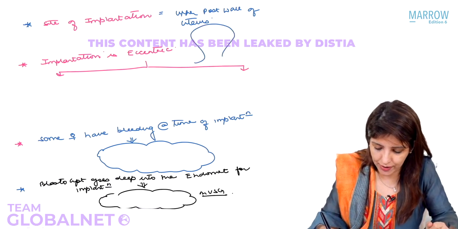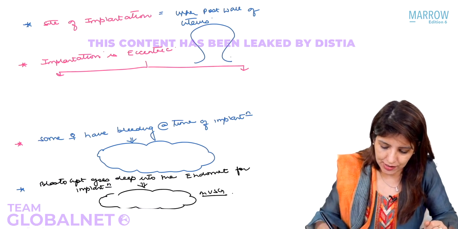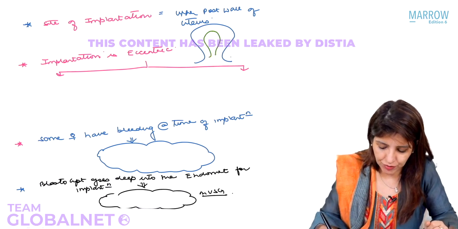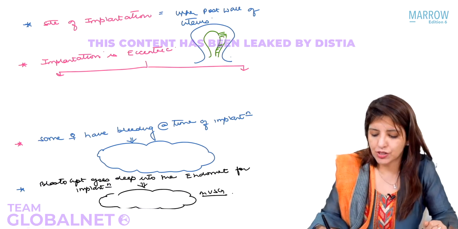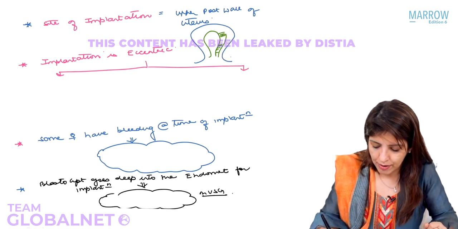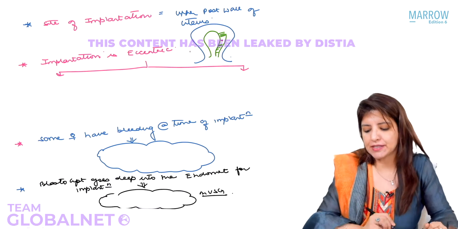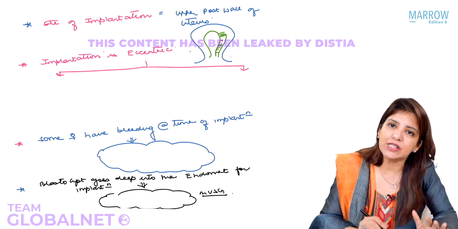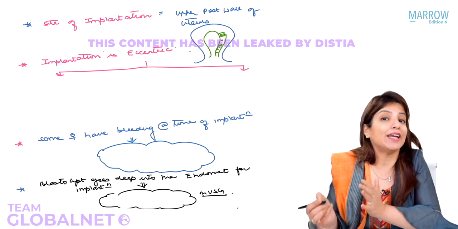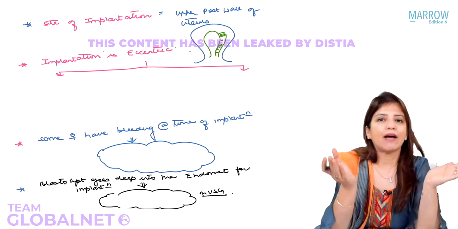So, if over here is the uterus and this is the uterine cavity, right? This is the endometrium here, right? Now, this over here is the blastocyst, and I am telling you that the blastocyst will go deep inside the endometrium and then implant. Now, implantation obviously can happen on only one side of the uterus. Implantation cannot happen on both sides.